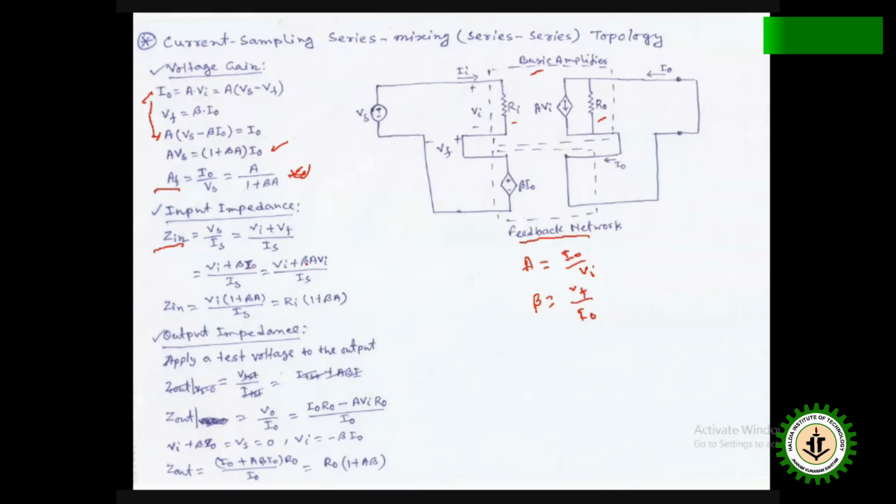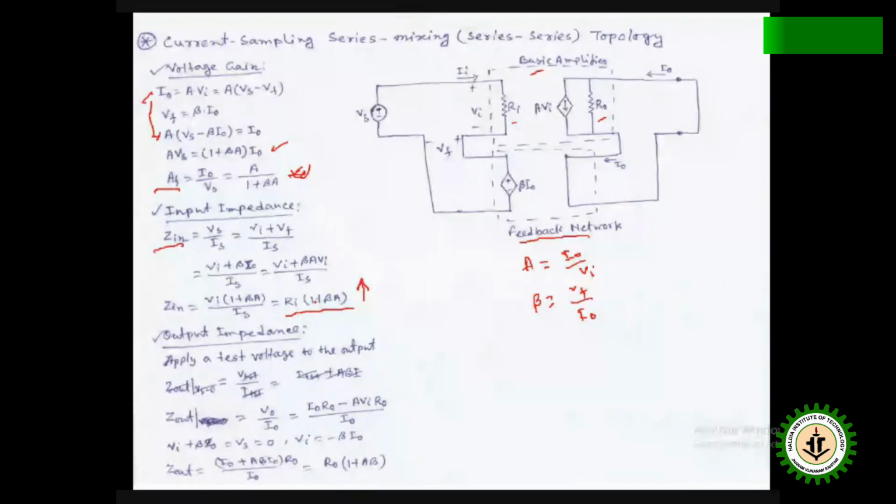So beta into A Vi. So Zin is equal to Vi (1 plus beta A) by Is, which is equal to Ri into (1 plus beta A).